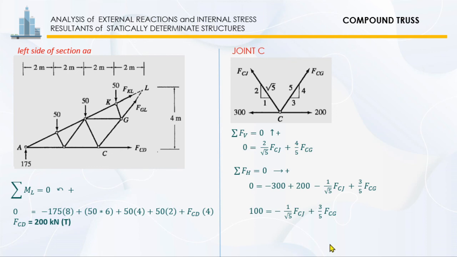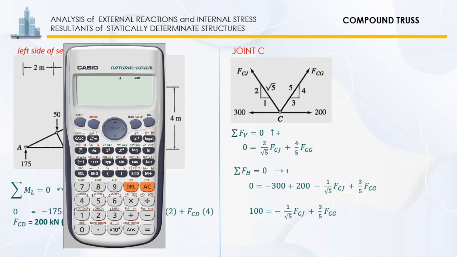Again, para mas madali natin itong masolve, gamitin natin calculator natin. Click lang natin yung mode, then number 5 para sa equation, 1 para sa 2 equations, 2 unknowns. Ang A natin dito, class, is itong FCJ, ang B natin is itong FCG, and yung C natin, that is the constant.